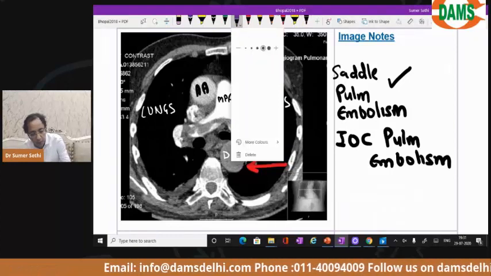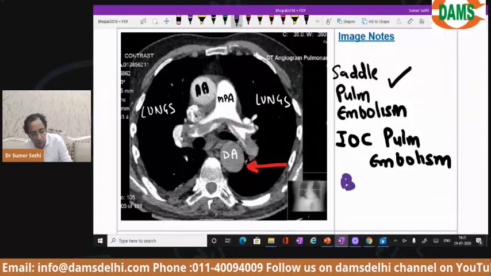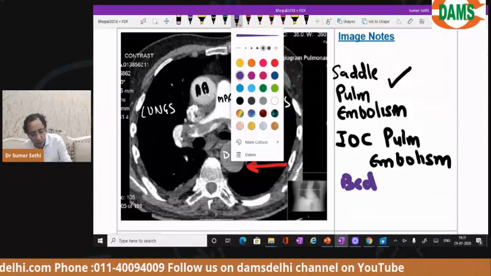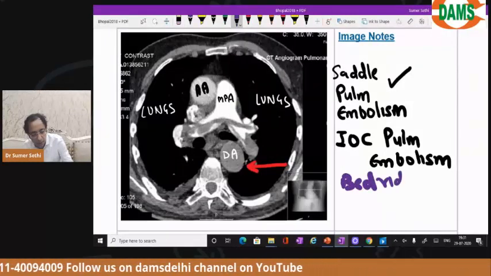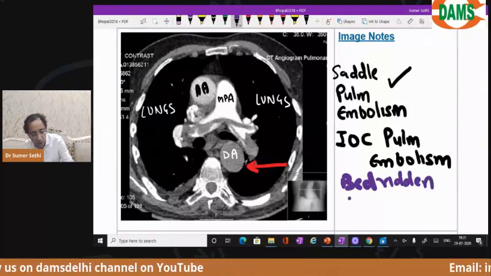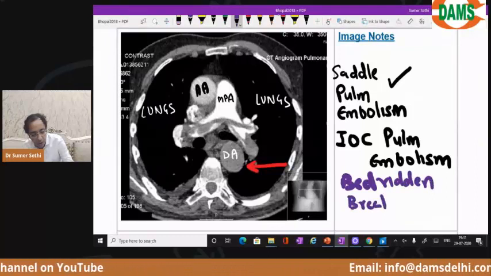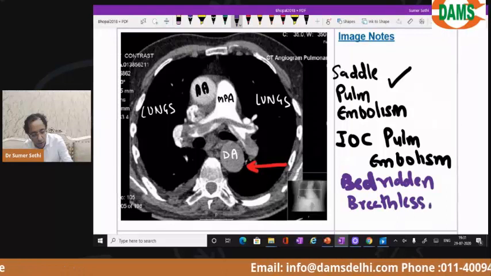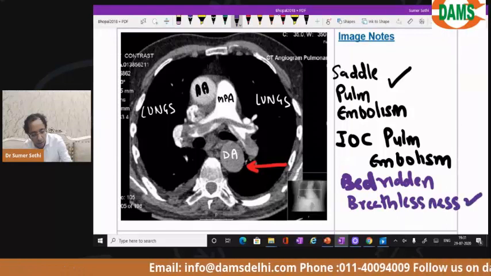When would you suspect pulmonary embolism? When you have a bedridden patient with sudden onset breathlessness. Are you clear?